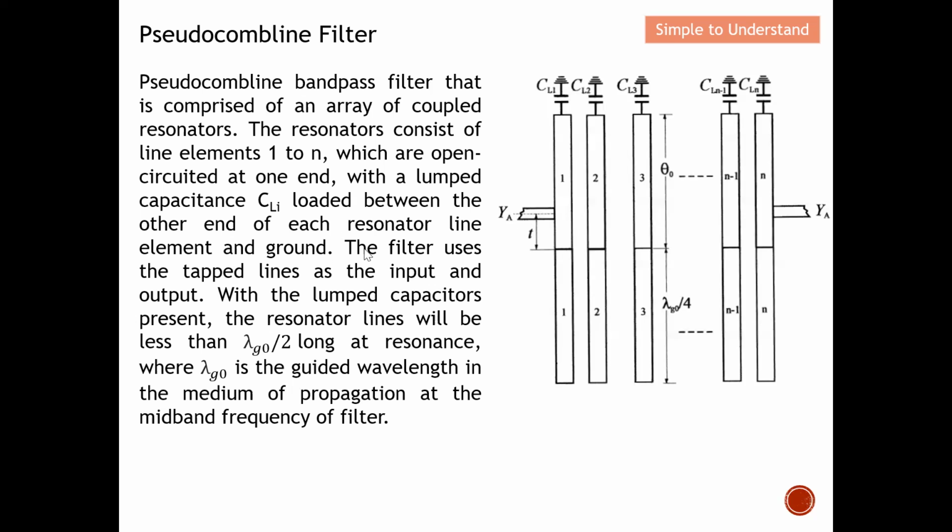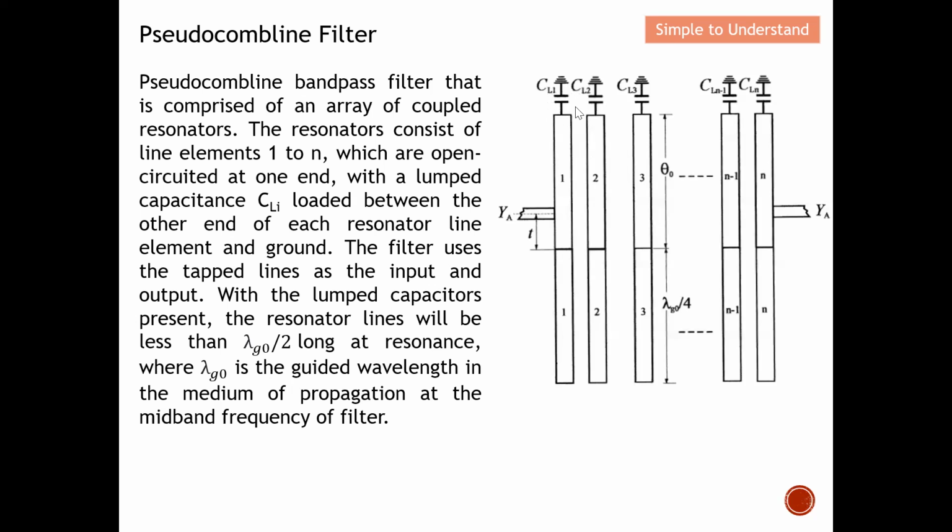With the lumped capacitor present, the resonator lines will be less than lambda over 2 long at resonance, where lambda g0 is the guided wavelength in the medium of propagation at the mid-band frequency of the filter. So this is what I highlighted earlier on.